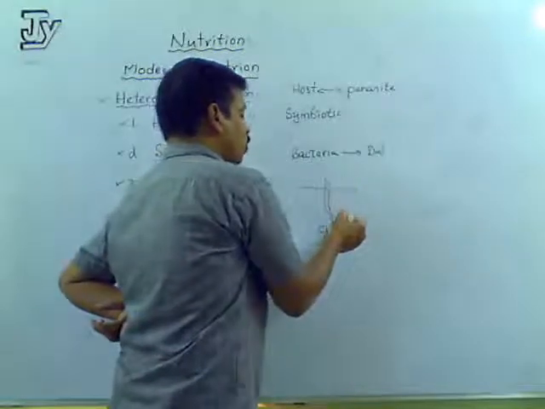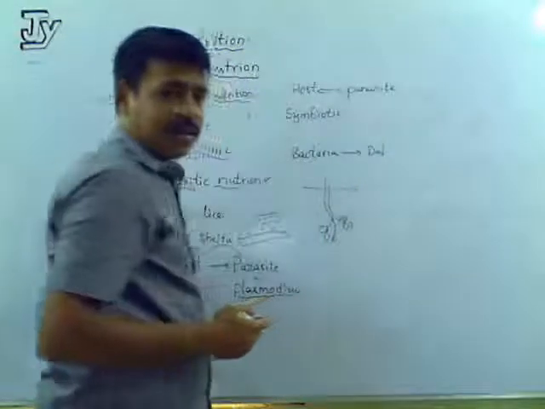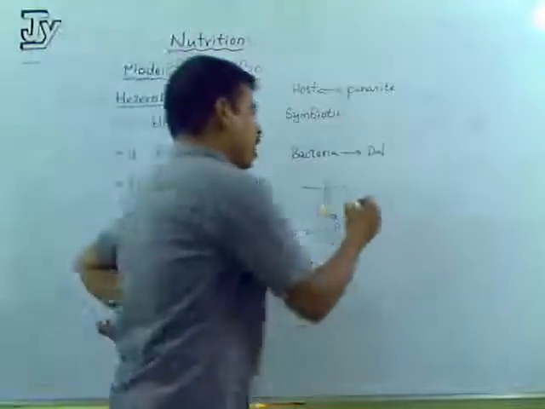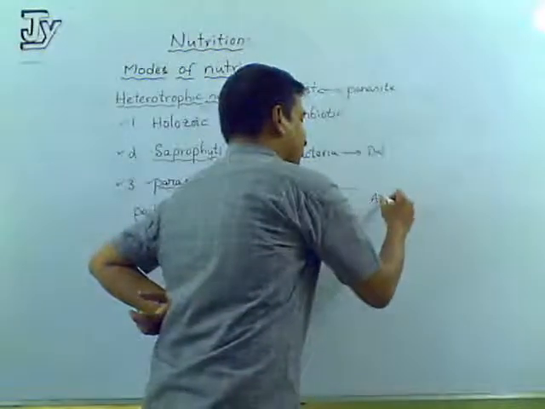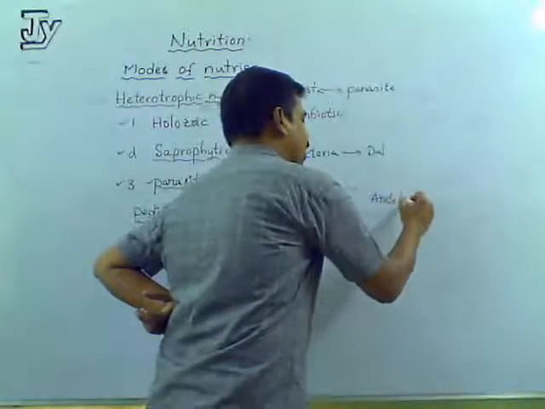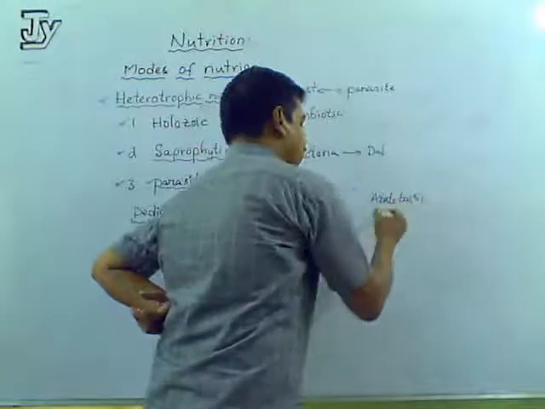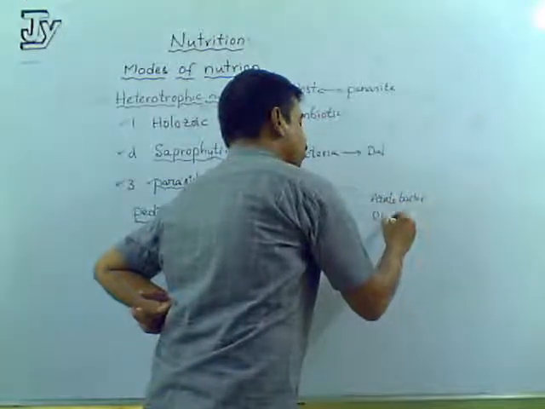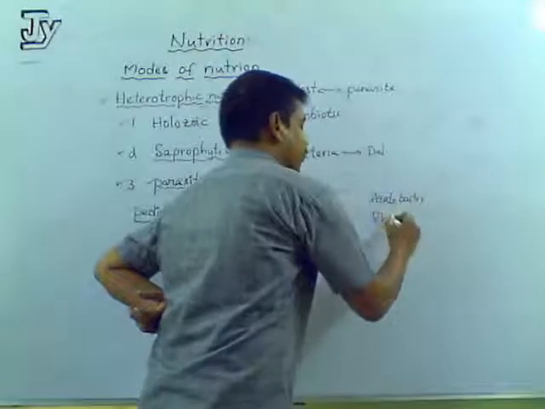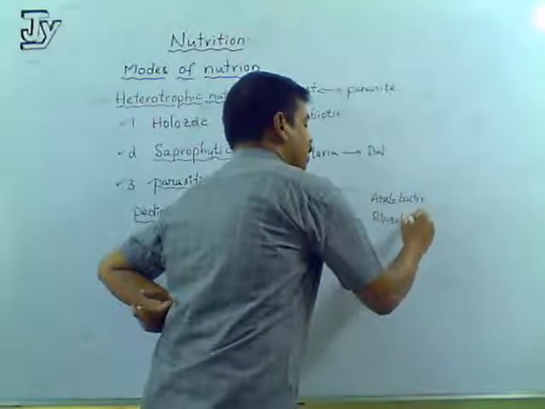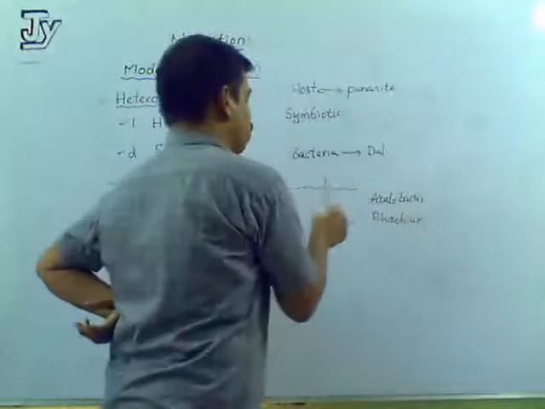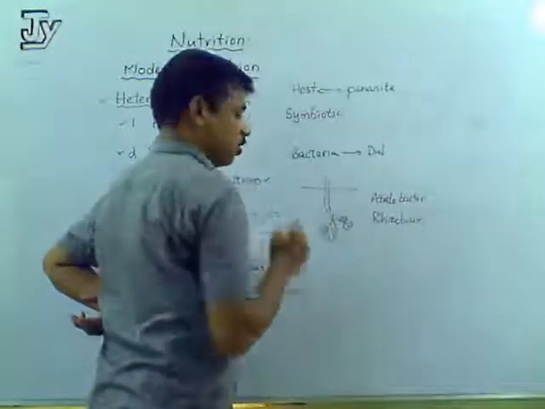In the root nodules the bacteria are present. The best example is Azotobacter, or Rhizobium leguminosarum. Rhizobium is the bacteria seen in the root nodules of host plants.